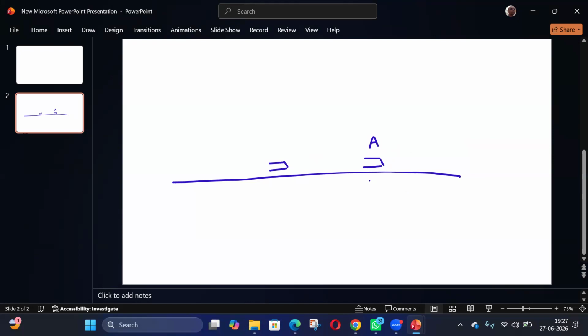A is moving with a velocity of 60 kilometers per hour. This one is 70.